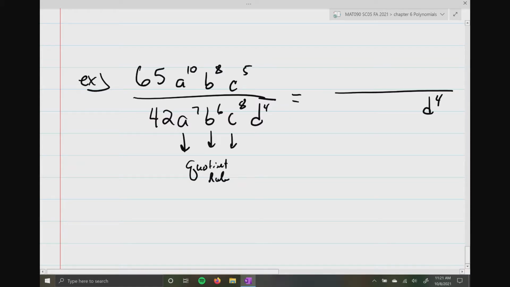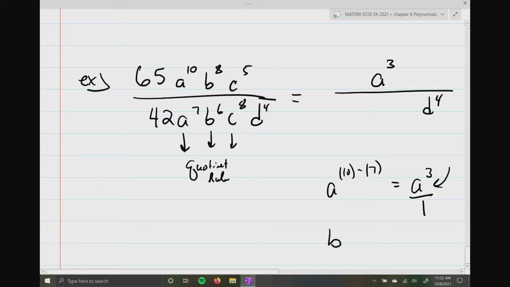All right. From here, let's do A, then B, then C. So we got a to the 10th minus 7. So 10 minus 7 is a to the 3rd. That's positive. I'm going to put it up there. Now, if you're asking yourself, well, how did I know to put it upstairs? Remember, this is a to the 3rd over 1. Since this is in the numerator, when you create the fraction, it stays in the numerator in your answer. All right? Now we're going to do b.